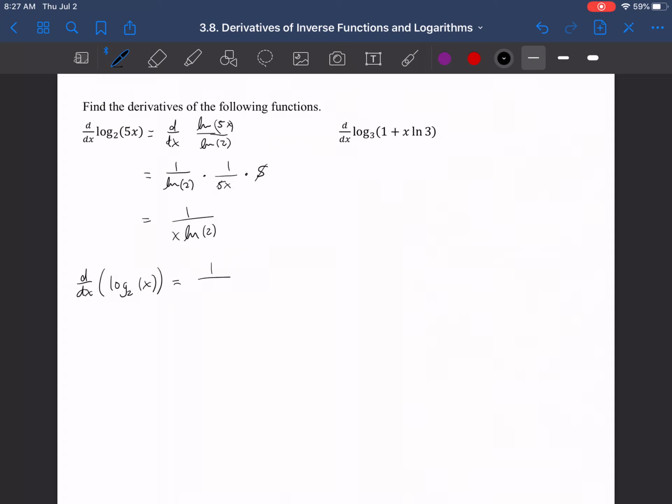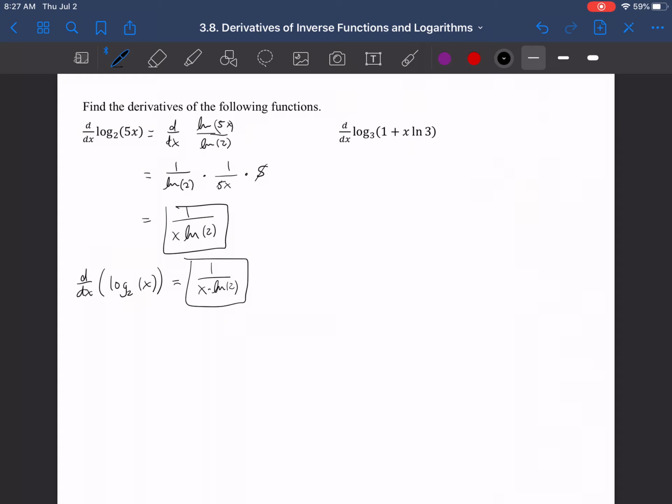That's what ends up being. Take a look: these are the same derivatives. So we're saying the derivative of log base 2 of 5x is the same thing as the derivative of the log base 2 of x. How are these two things the same if they're totally different functions?